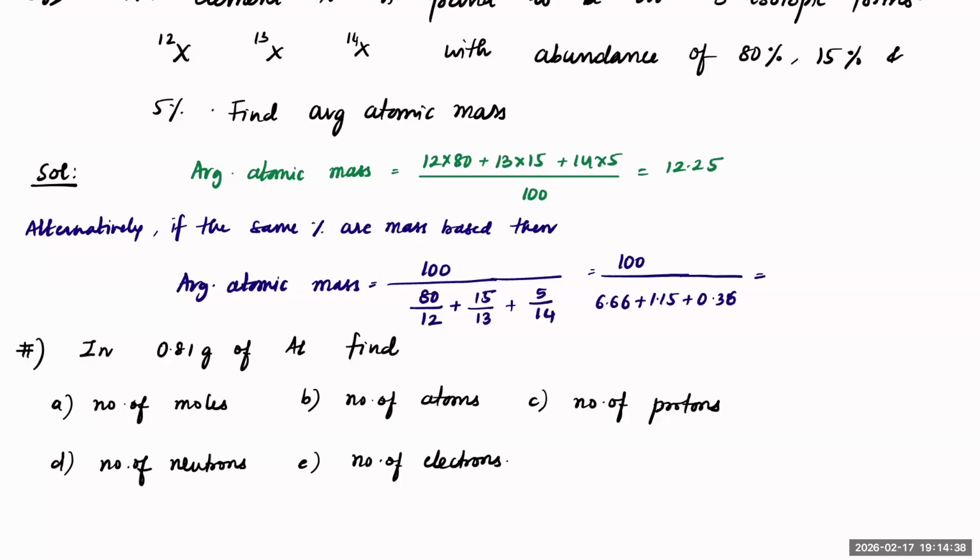And if I add all of them, 6.66 plus 1.15 plus 0.36, that is coming as 8.17. So 100 divided by 8.17, that is coming as 12.23. See the difference now? That's clear. So there will always be a slight difference in the mass there.